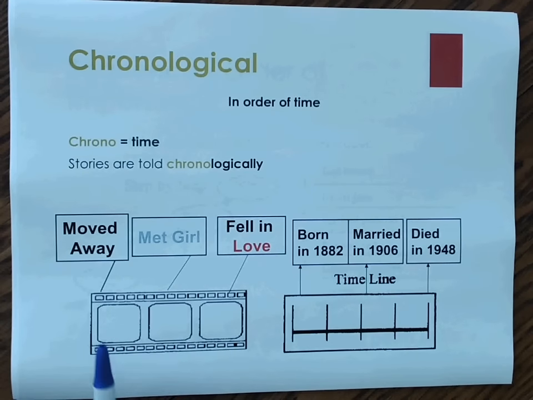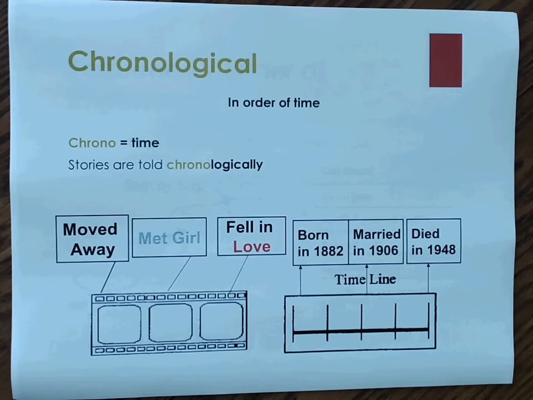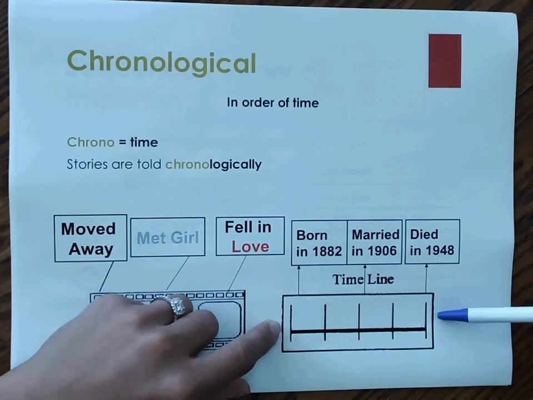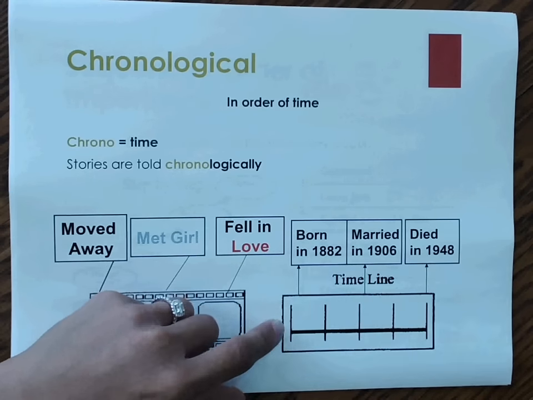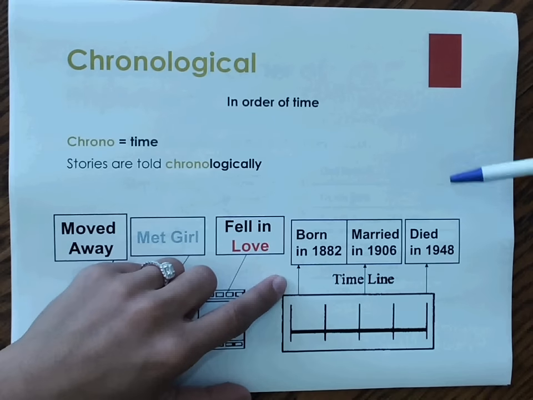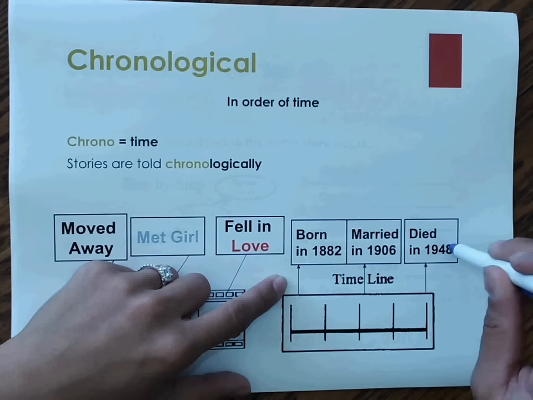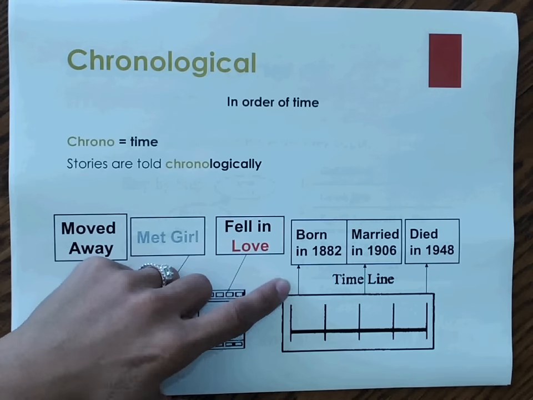If we were to watch a movie where someone moved away, met a girl and they fell in love, those events happen in chronological order. A timeline also shows chronological order. We could start our timeline when we were born, put dates in between, and end at a death date or at present time, and important events would go along your timeline.